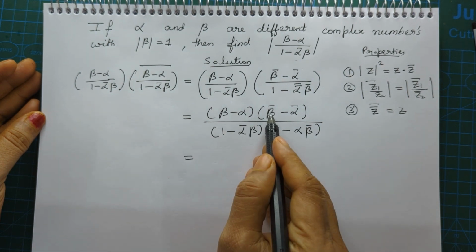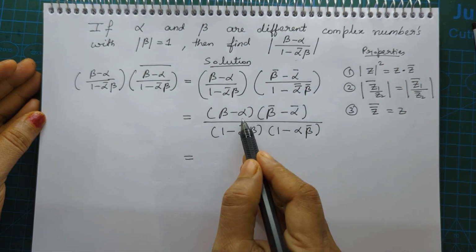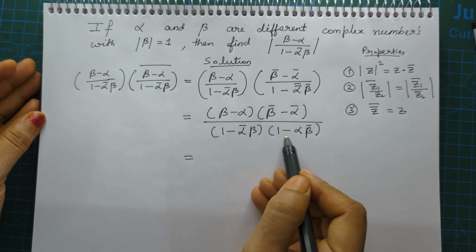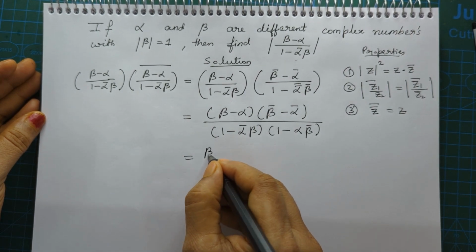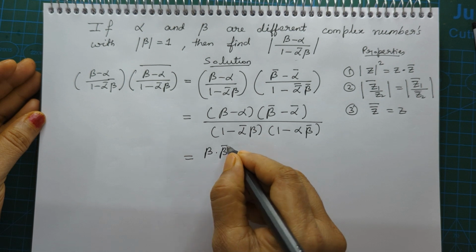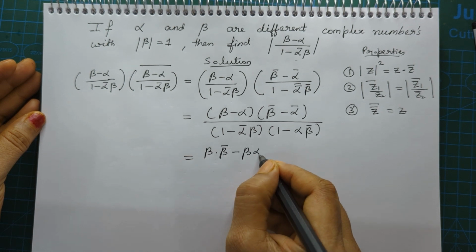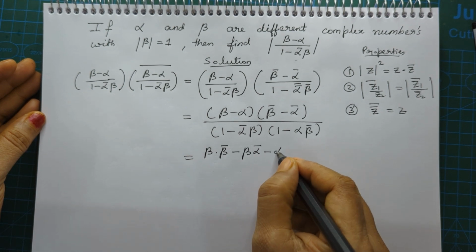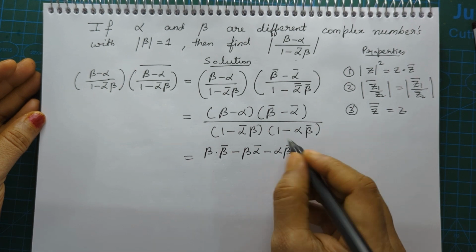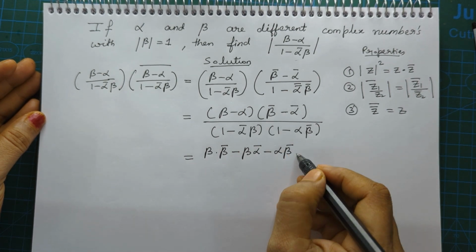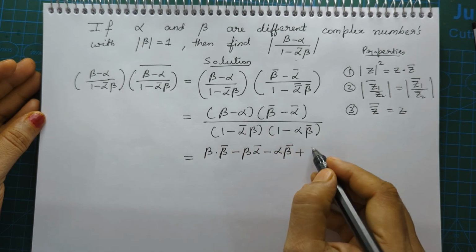Now we will multiply the numerator binomials, denominator binomials, term by term. So this times this, then this times this, then this times this, and this times this, the same thing in the denominator. So we'll get beta times beta conjugate minus beta times alpha conjugate minus alpha times beta conjugate, then minus of minus is plus alpha times alpha conjugate.